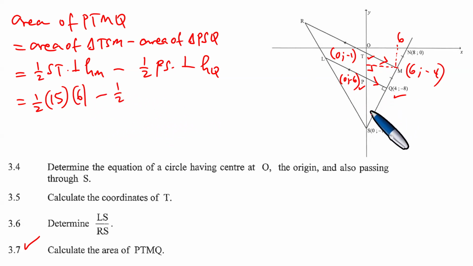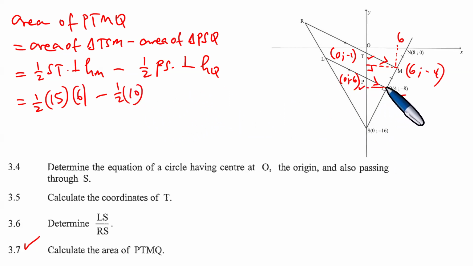Minus half the base. Now you have the triangle PS. Right. So now if you have the area of the triangle PSQ, looking at the PSQ, you have half the base, the PS. And what is the distance between P and S? The distance between -6 and -16 is 10.